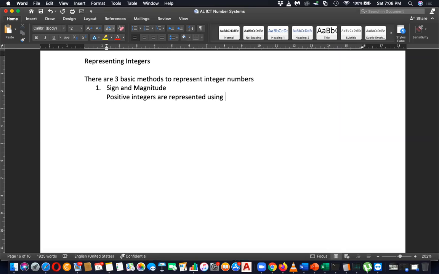Positive integers are represented using sign bit 0, and negative integers are represented using sign bit 1. That is basically how sign and magnitude represents a number. Positive sign bit 0 and negative sign bit 1.